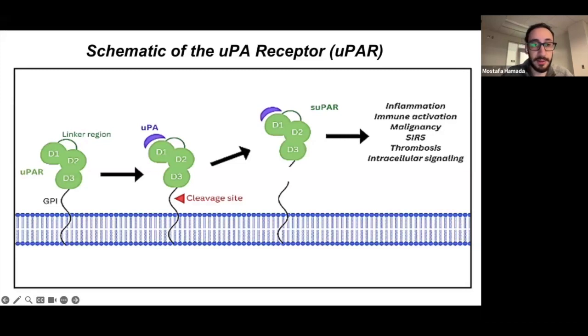And that, like we'll talk about in a few slides, can lead to an idea of the inflammation state of the body, the immune activation system, the malignancies, thrombosis, and other intracellular signaling that may be going on that can give us an indication of the disease states or the progression or the prognosis as well.